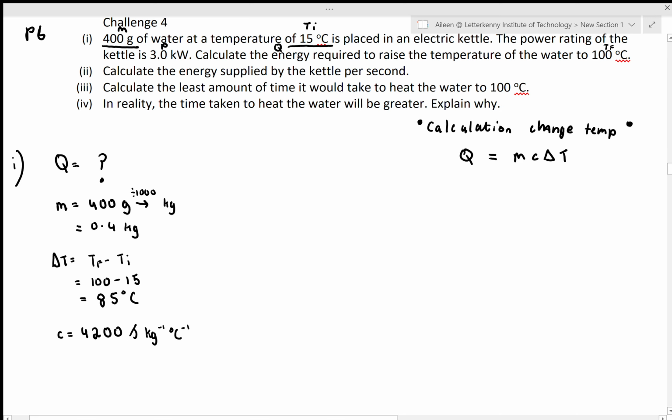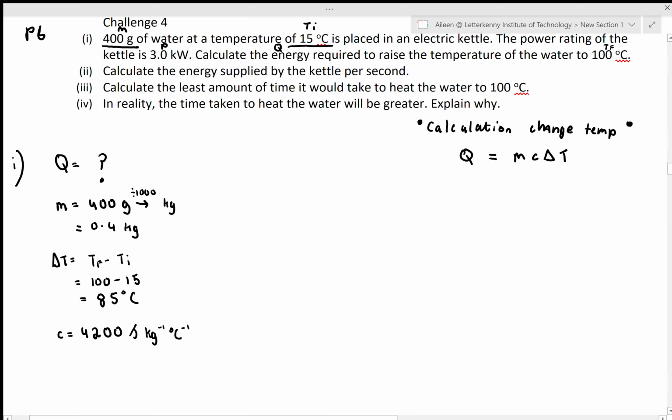Okay, so we're given our specific heat capacity as 4,200. That's a known value. You would be given that in the question.